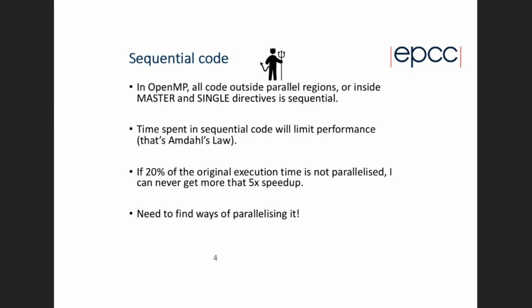That's just a simple Amdahl's law argument. So for example, if 20% of the original execution time of my sequential code is not parallelized, then I can never get more than 5 times speed up for my code, because that 20% is never going to go away.